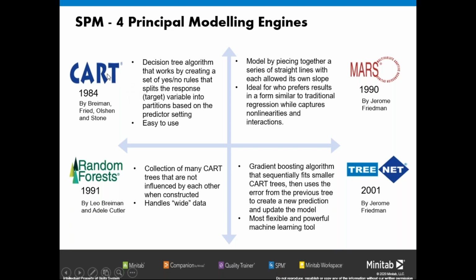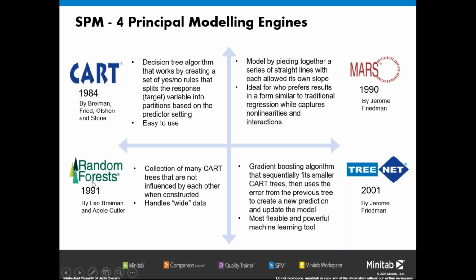CART is by Breiman, Olshen, and Stone. CART is a decision tree algorithm that works by creating a set of yes or no rules that split the response target into partitions based on the predictor settings. So CART means you have a tree with yes or no, smaller or bigger, a splitting part. Then we have another one, which we call random forest.